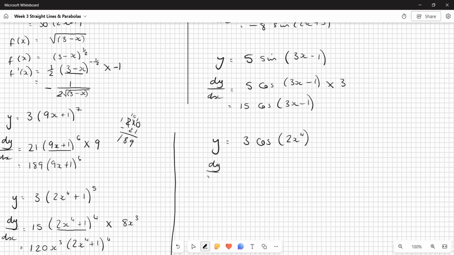So dy by dx is, 3 cos x becomes negative 3 sin x, but it's not an x, so then we multiply by the derivative of our pretend x. The derivative of 2x to the power of 4 is 8x cubed. So that would be minus 24x cubed sin 2x to the power of 4.